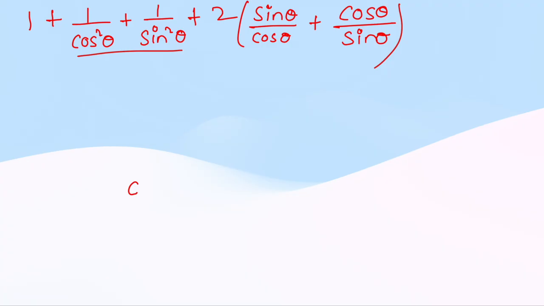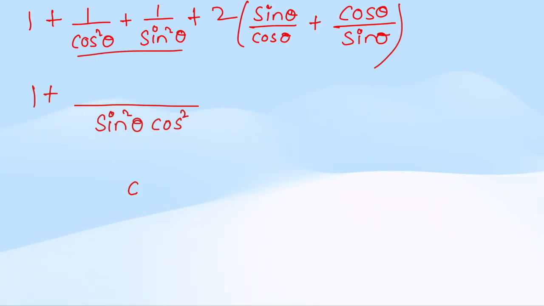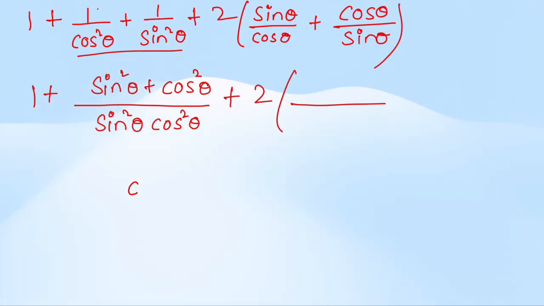Just take their LCM. It will be sine square theta cos square theta. Okay, it will become how much? Sine square theta plus cos square theta. Clear? Similarly, if I take the LCM here as well, it will be cos theta sine theta.